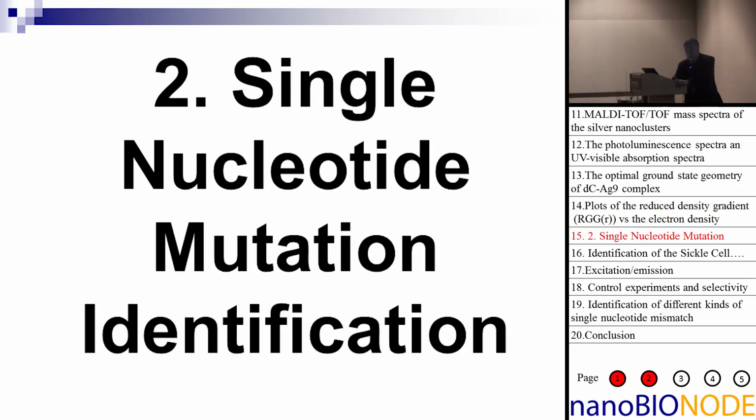So we can get a technique to prepare the silver nanocluster with mononucleotide. Then we want to switch to talk about the single nucleotide mutation identification.